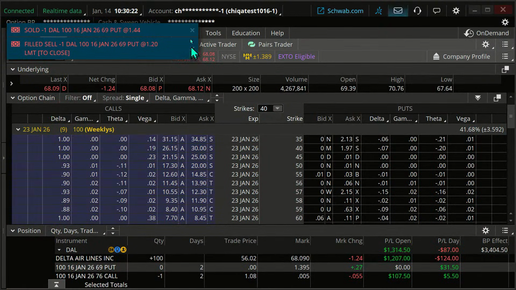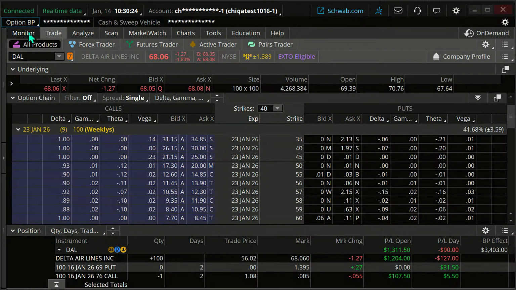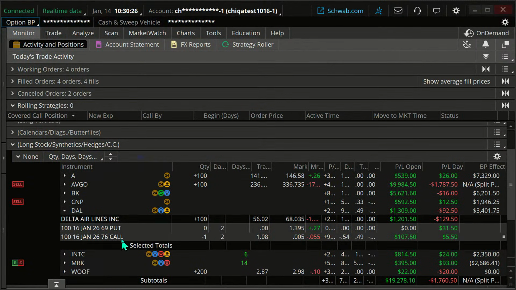We're out of the put now, and I think we can see why this call option wasn't filling, why the whole trade wasn't filling, because it's almost worth nothing right now. So I'm just going to leave this as a covered call right now with the $76 strike. We're past earnings.